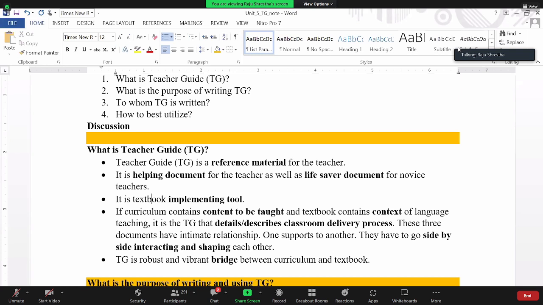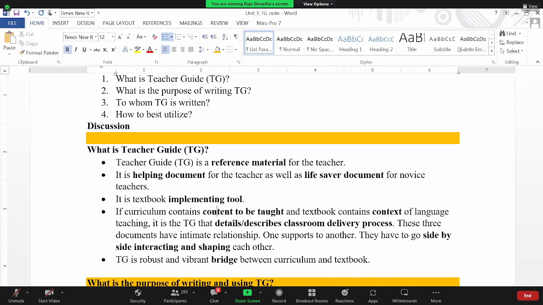So the textbook is the textbook implementing tool. So TG is written to implement the textbook concept. So TG provides every detail of using textbook activities, textbook content in the classroom, in regular teaching.